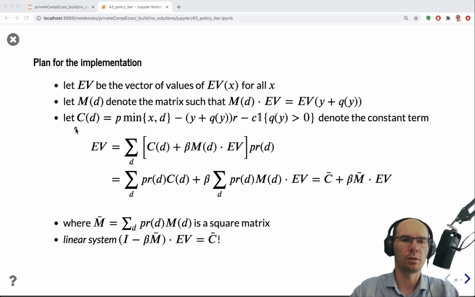All right, and then denote C of D the vector representing this expression, which is the constant term with respect to EV. Now, this includes both x and d, right? But C is going to be a vector for all possible x's. Okay, then the Bellman equation can be represented by this expression, and let's compare.